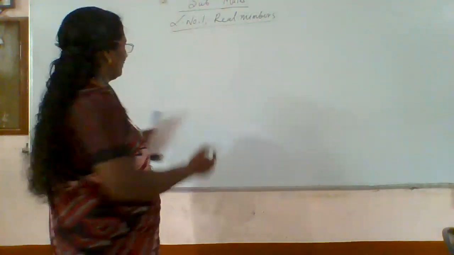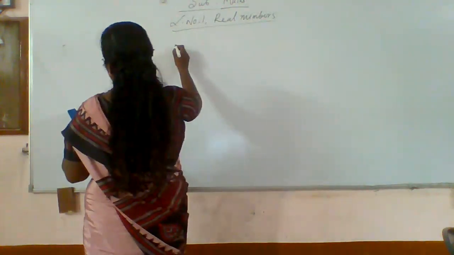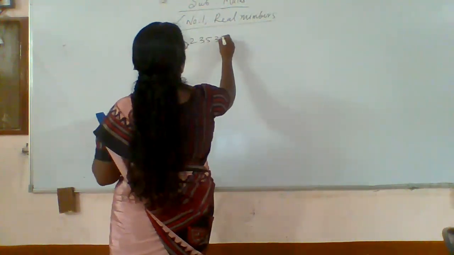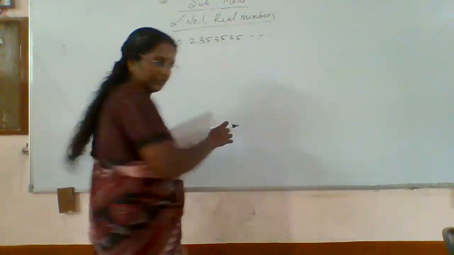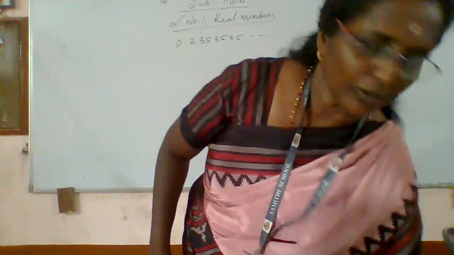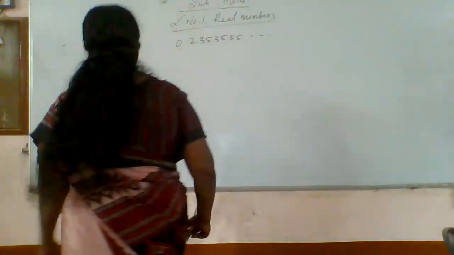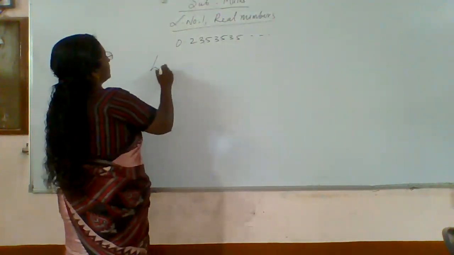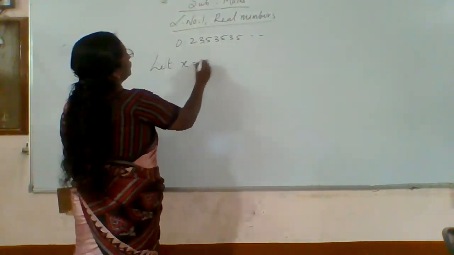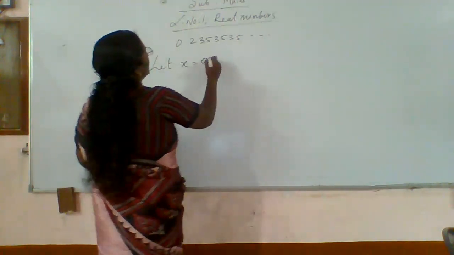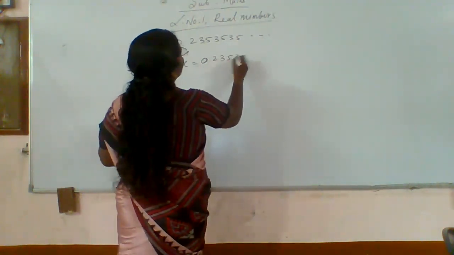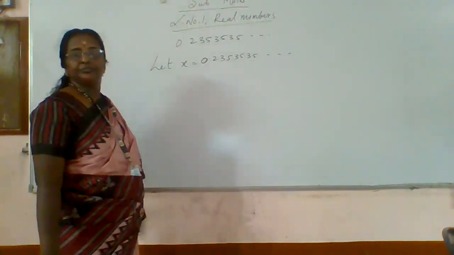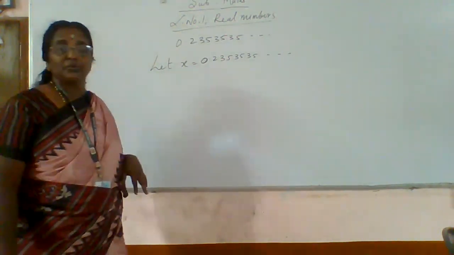So I will write the question. 0.2353535 etc. Same type of question, just like the previous one, so probably you practice at home also. Let x is equal to 0.2353535 etc.